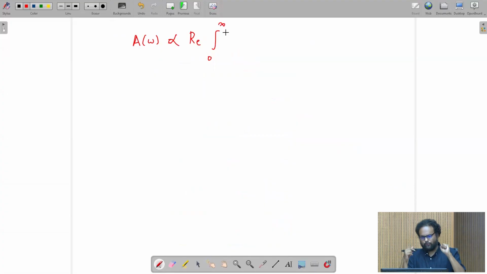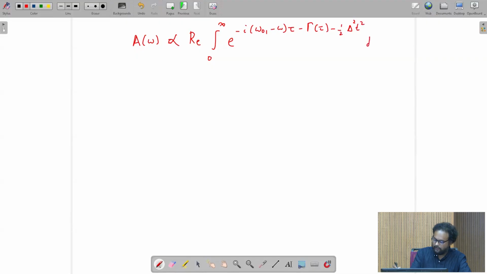That's because we are first doing the Fourier transform of R of tau to estimate the chi, and then evaluating your emitted field from where you are calculating absorption. So it becomes a Fourier Laplace transform or a Voigt transform. So if I write this out, this will be e to the power minus i omega 0 minus omega tau minus gamma tau minus half delta square tau square d tau.